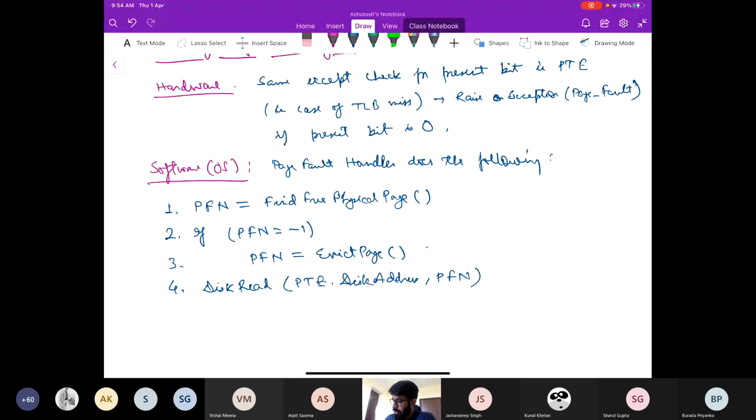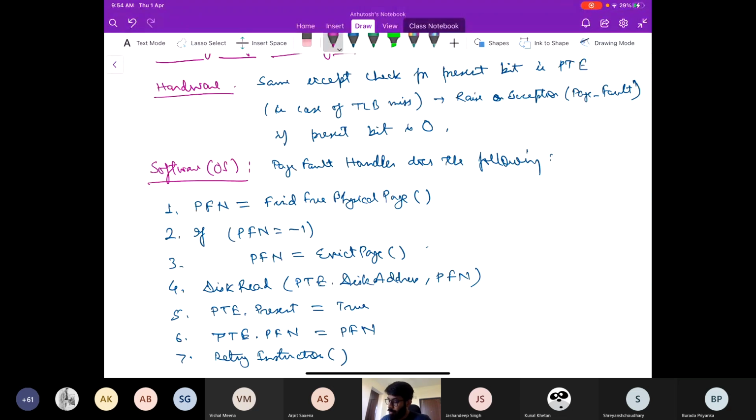And then you set the present bit to be true. You put the physical frame number there. And finally, you retry the instruction.